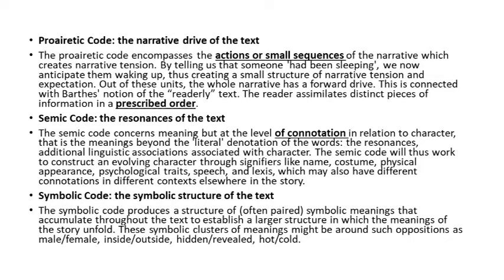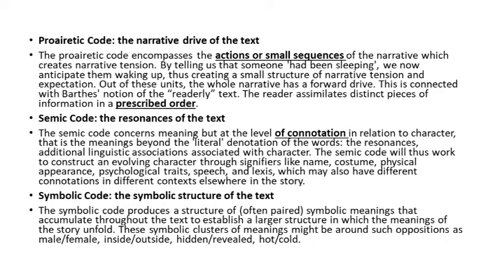The proairetic code encompasses actions or small sequences of the narrative, and that creates narrative tension, because we anticipate certain events: we know that after one event another event happens, and there is a linearity.